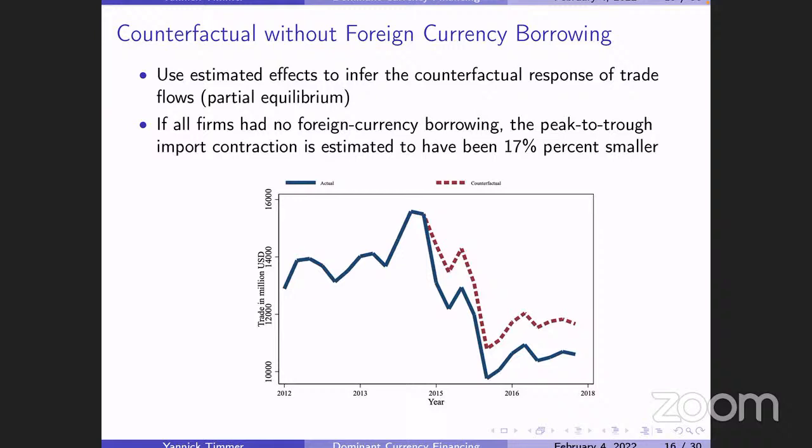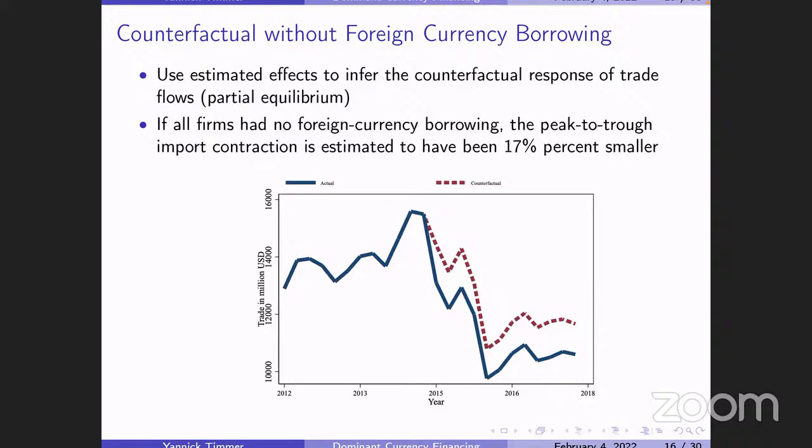And you can see that in a counterfactual scenario, if the firms didn't have any of this debt in foreign currency, the peak to trough import contraction would be 17% smaller.